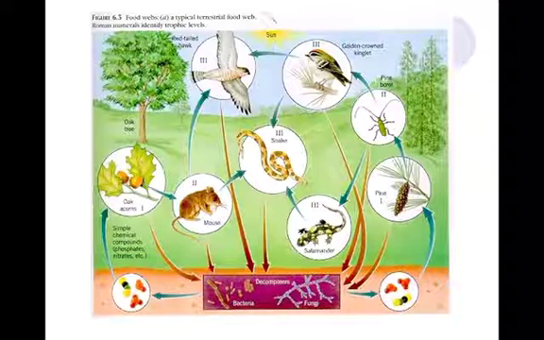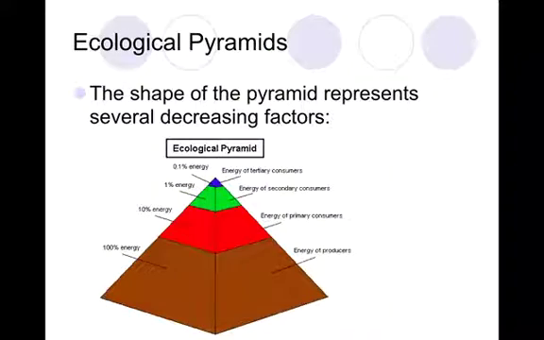Our golden-crowned kinglet eats a pine borer, but our golden-crowned kinglet can be decomposed by our decomposers as it dies. So you notice that it's much more complicated than that simple food chain that we saw before.